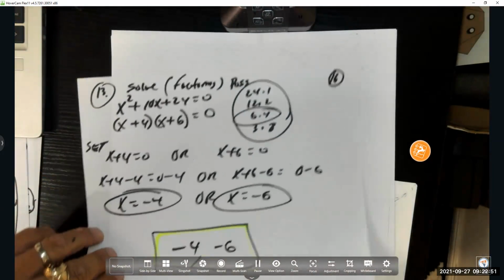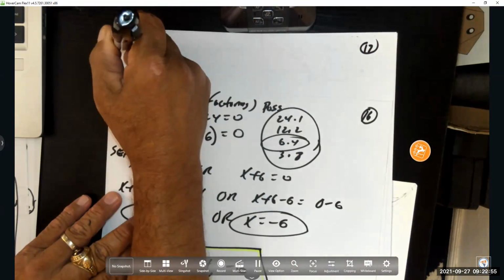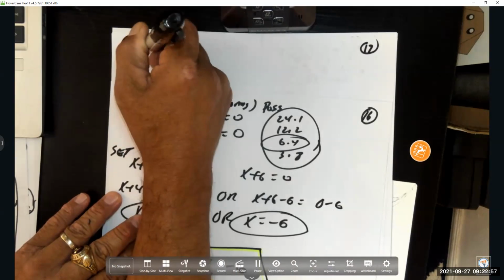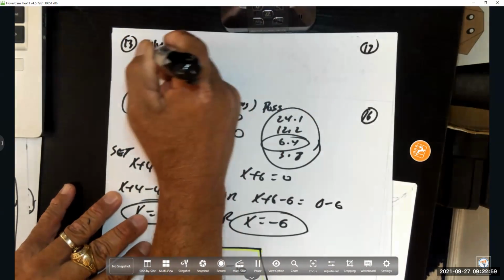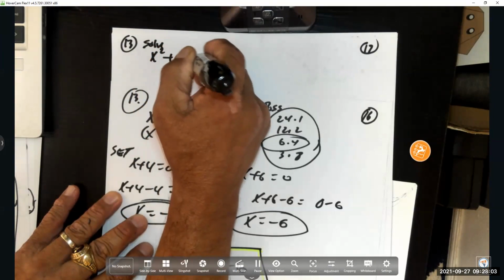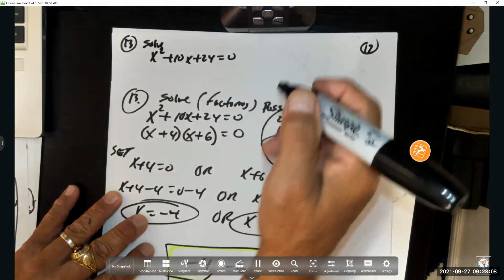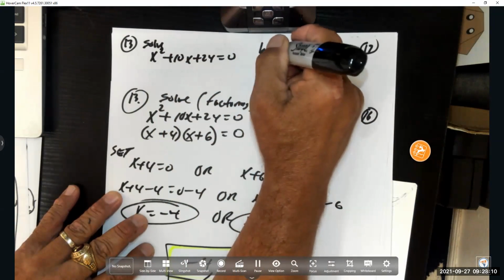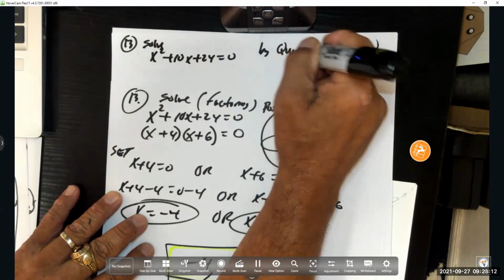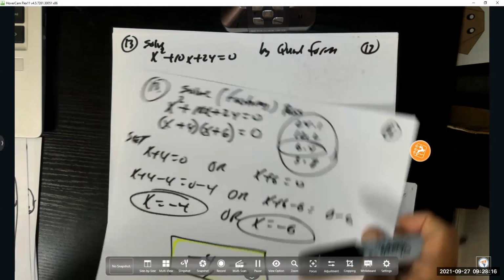So a different way, we write the same problem. 13. Solve x squared plus 10x plus 24 equal to 0. Okay, this could be called this by quadratic formula. All right. So this problem is by factoring.